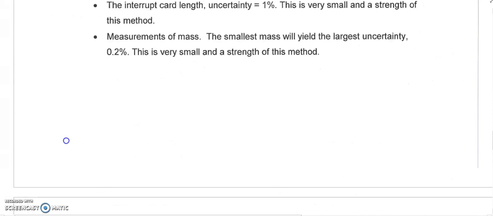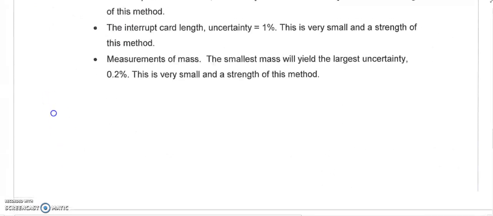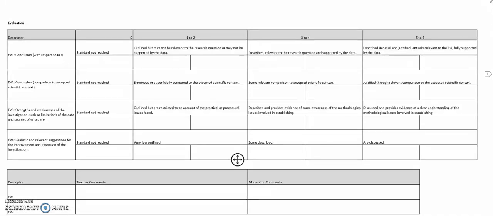The other thing we need to do now is discuss the physics. There's a distinction between the practical issues you faced and the methodological issues you faced. The practical issues you faced are, for example, this experiment was hard to do because I had to hold this thing and it was jittering backwards and forwards.